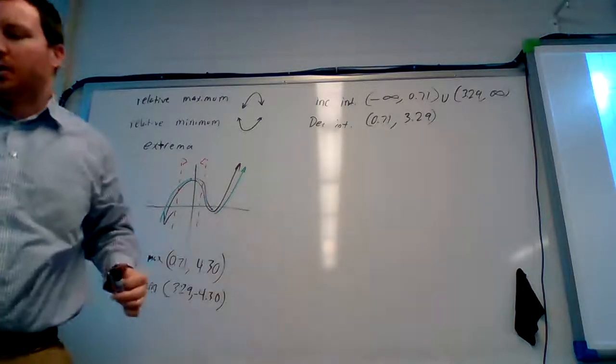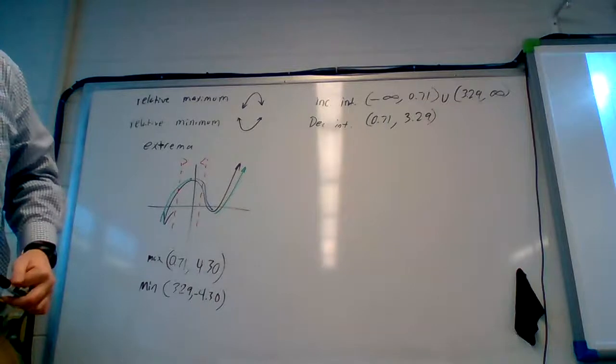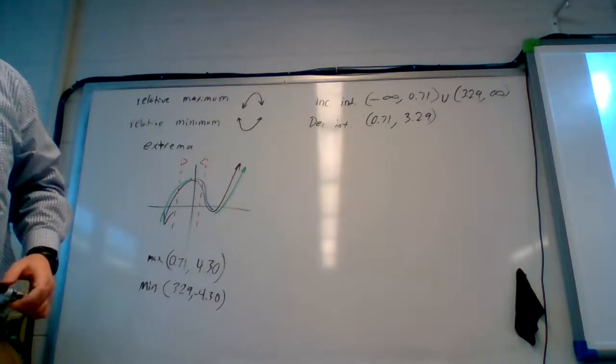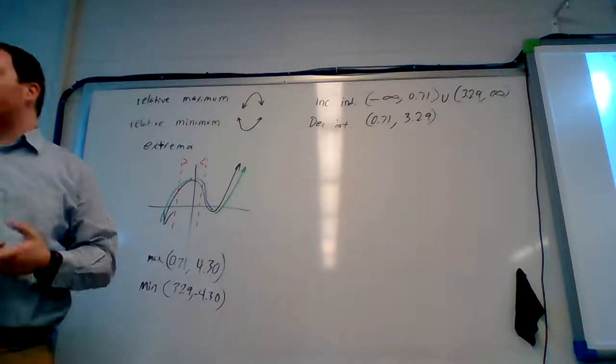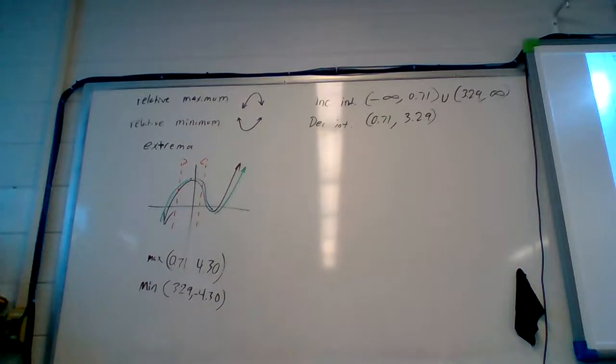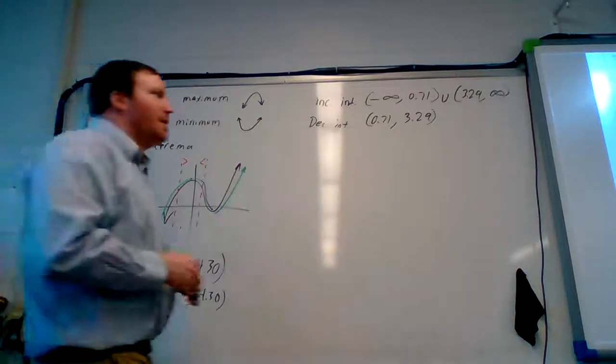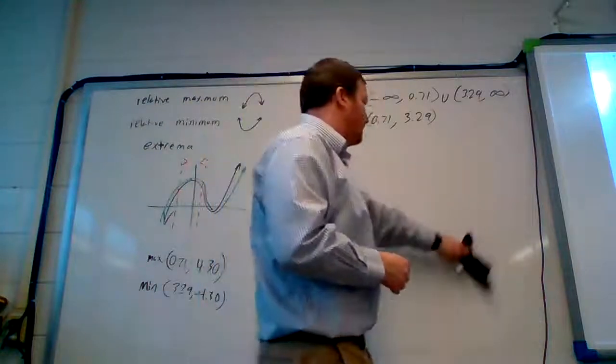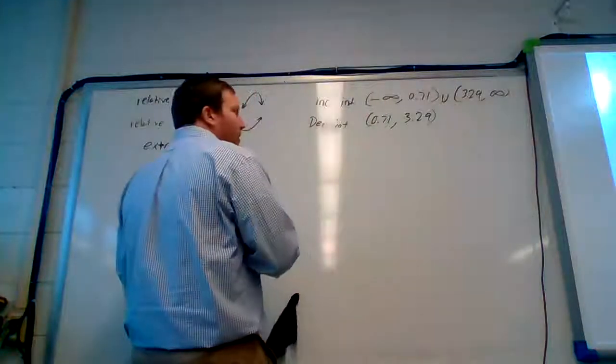So let's do one of these problems together. The directions say graph each polynomial function using a table, then give its domain, range, turning points, end behavior, and intervals for which the function is increasing and decreasing. So we look at number one.